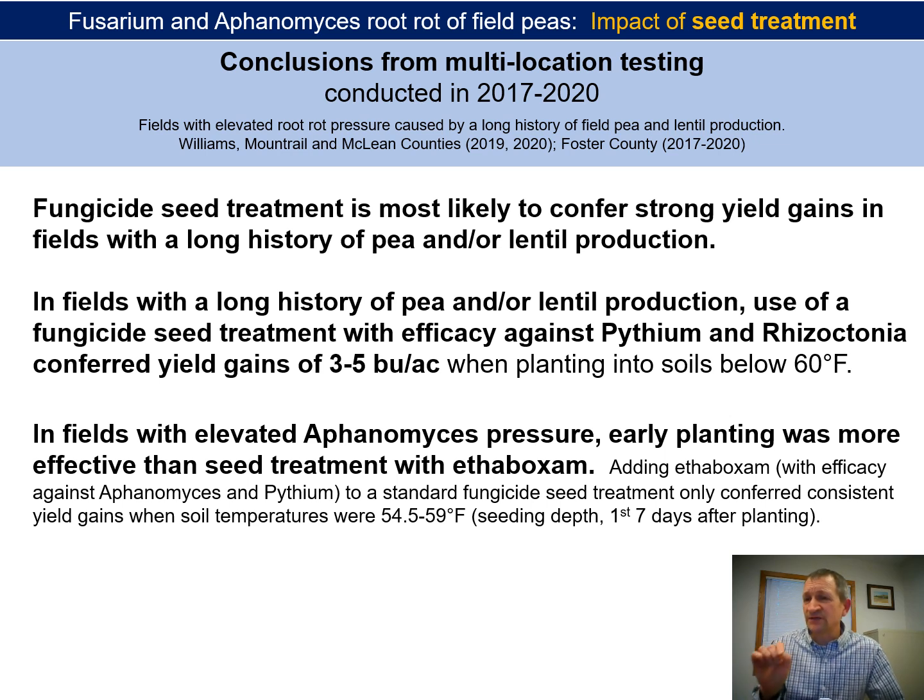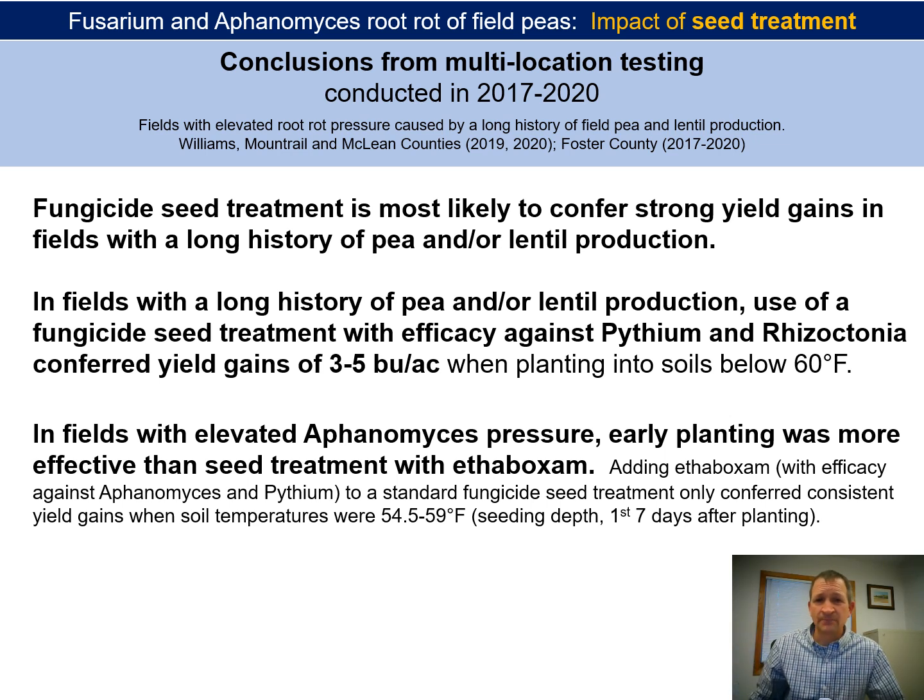And we know that these fungicide seed treatments are excellent against Pythium and Rhizoctonia and marginal against Fusarium, and the one product with activity against Aphanomyces, which is ethoboxam, is also just a moderate help, but only in the warmer soils. So this has all the hallmarks that these fields have elevated Pythium and Rhizoctonia pressure in addition to Aphanomyces and Fusarium.